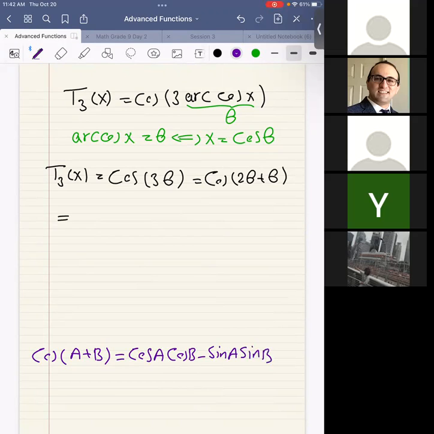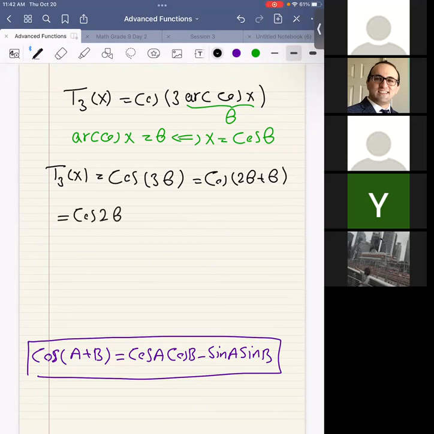Perfect. So you just need to use this formula for cosine of 2 theta plus theta. That means this is equal to cosine of 2 theta times cosine of theta minus sine of 2 theta times sine of theta.